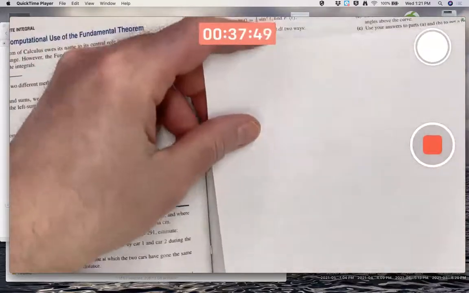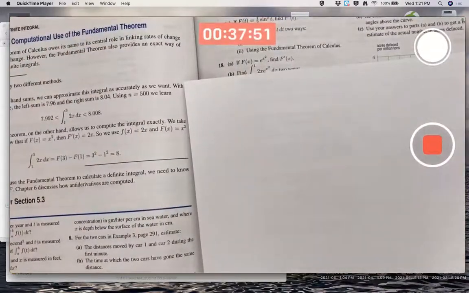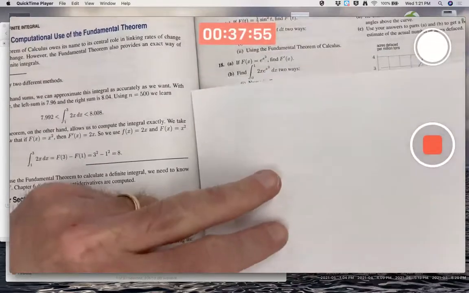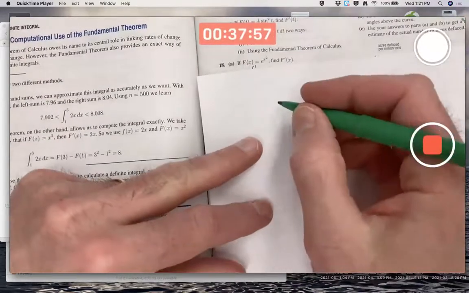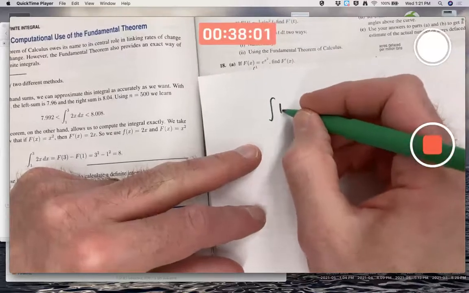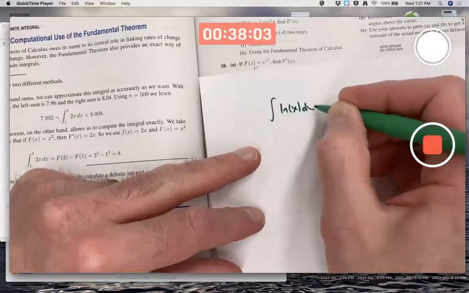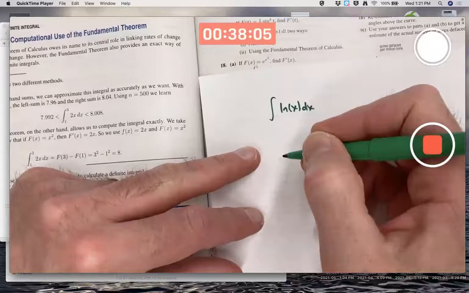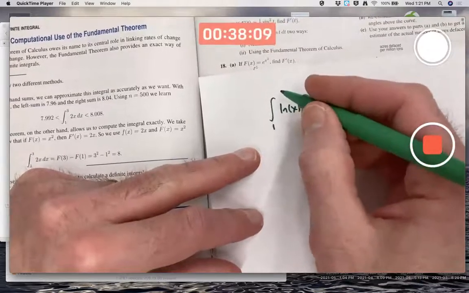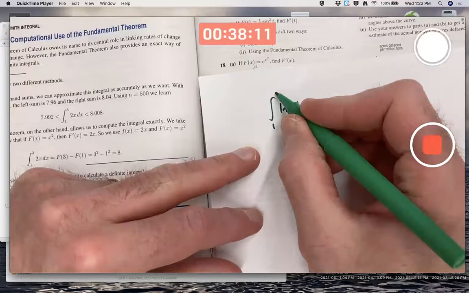Another example here. Maybe I'll try an example where it's not so clear what the answer should be. What if we integrate, say, the natural log function? Oh, how about from 1 to, maybe I should use the power of e here, e squared.